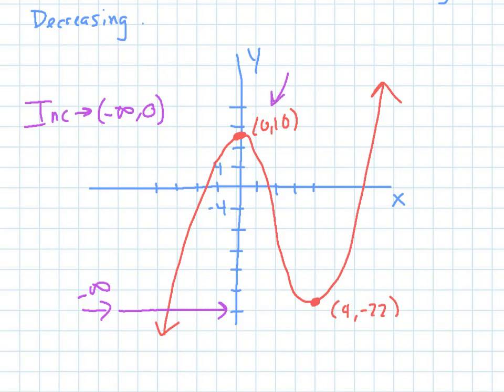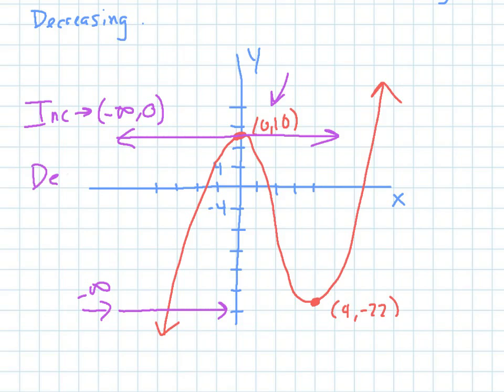So at the point 0, 10, the derivative is actually 0 at that point. So it's telling me that the slope of my graph is 0. So since it's 0, that means it's neither decreasing or increasing, and so therefore I can't include that point in my increasing interval. So I need to put a parenthesis in there so I don't include it.